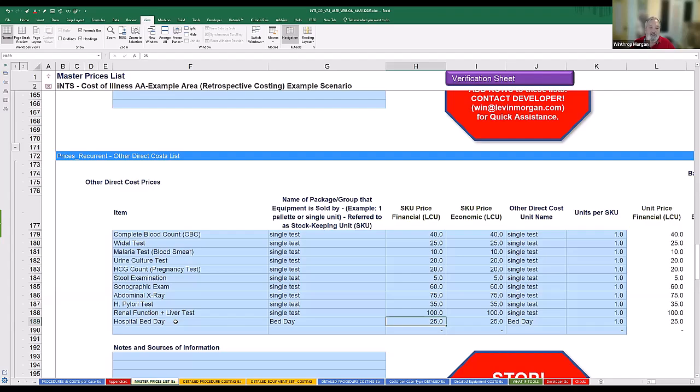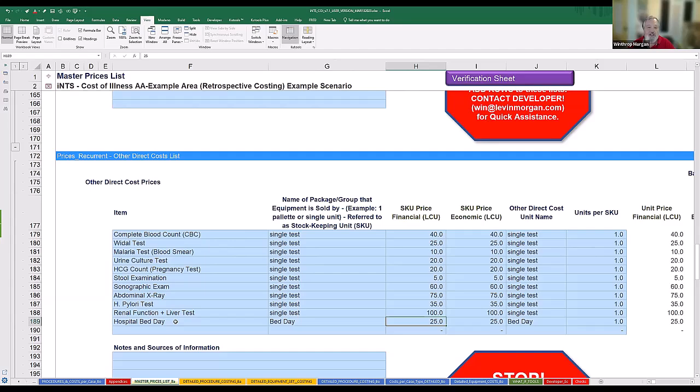When you're working on a retrospective costing now, which has so few cases, the question becomes how valid and reliable the data you get is when applying it from retrospective to a cost projection.